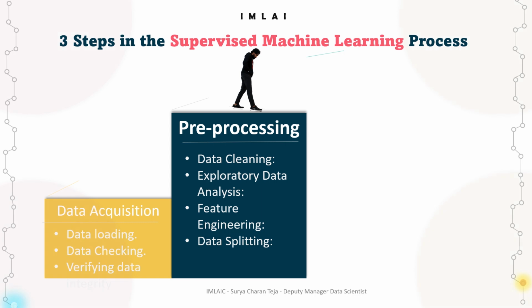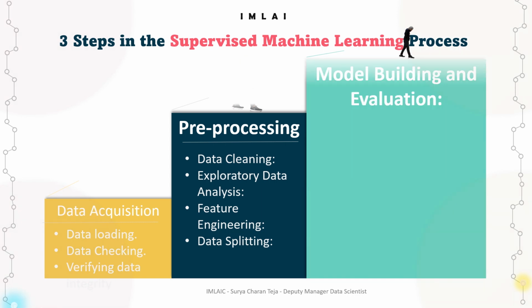This is what we call data splitting. With this data splitting step, we are done with the pre-processing step. Now it's time to get into the most important step, that is model building and evaluation. So now we'll be getting into the model building and evaluation.